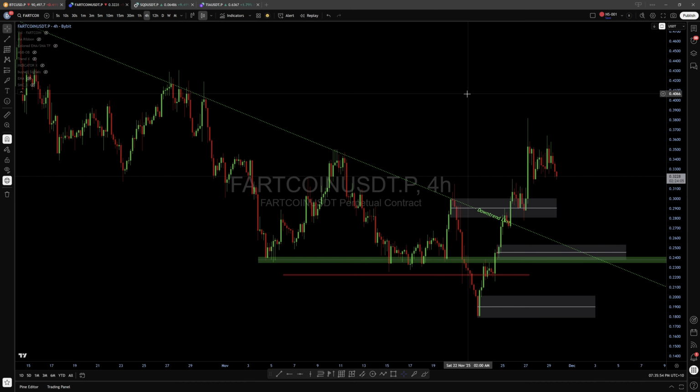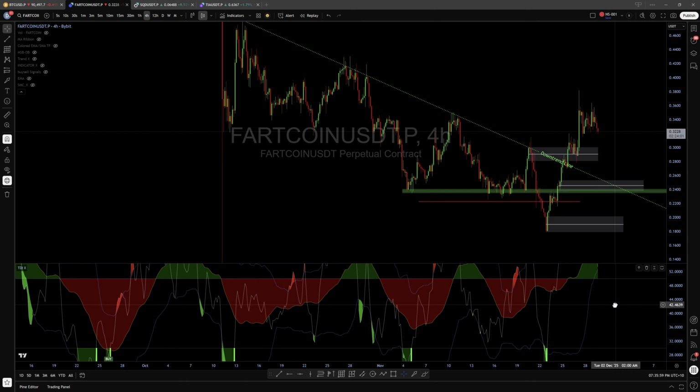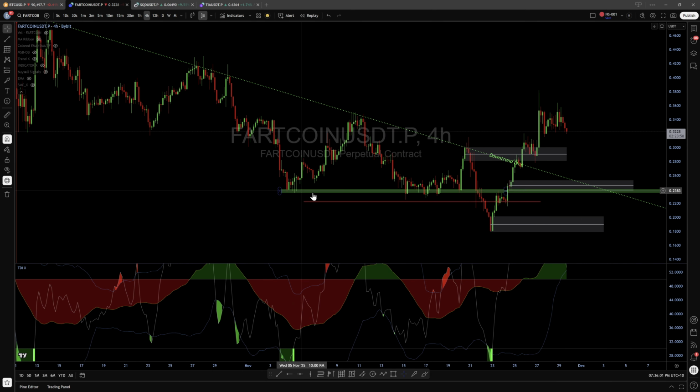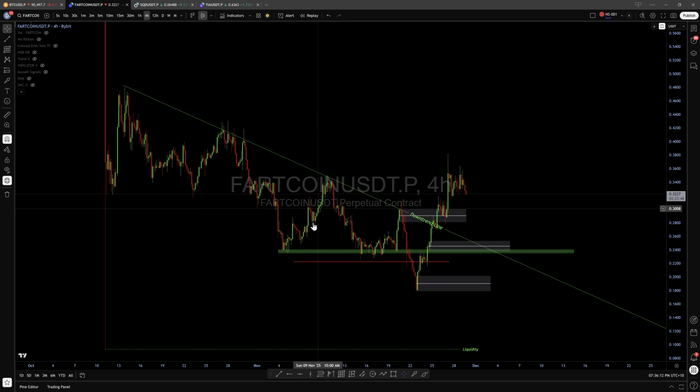I also knew that there was a bullish divergence on it, which I'm not going to talk about as much in this, here and then here as well, from here to here and here to here. But I basically noticed that the important thing was there was a support level here, this green rectangle. I drew that.